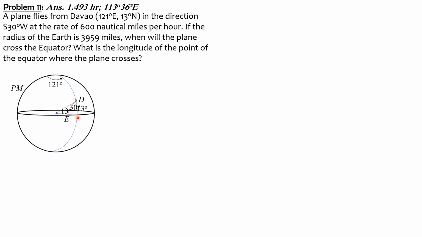And let's call this point M, the meridian means. Then the angle between this meridian and the equator is of course 90 degrees. So this is a right spherical triangle. We need to find the length of this side of the right spherical triangle, which is a great circle.